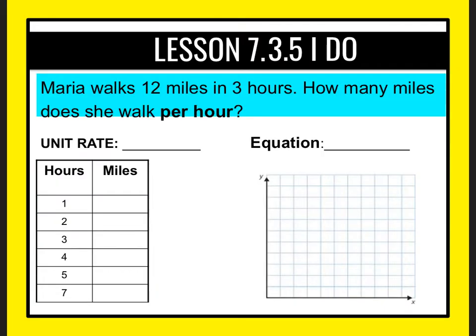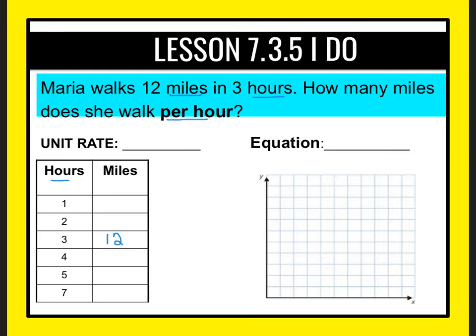So let's say we're given this situation, right? Maria's walking 12 miles in 3 hours. Well, definitely I'm comparing two quantities. And the two quantities I'm comparing here are miles and hours. So they told me that in 3 hours, so here's my table, in 3 hours, she can walk 12 miles. Well, then that means how many miles is she walking for 1 hour?